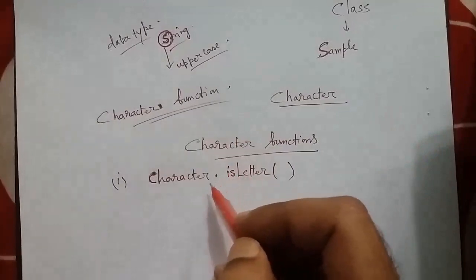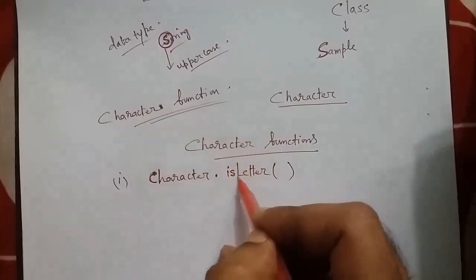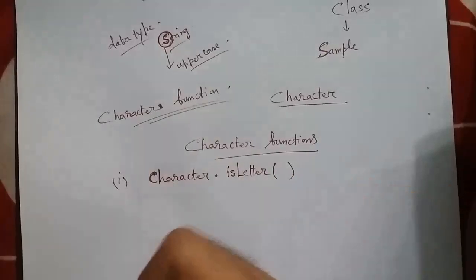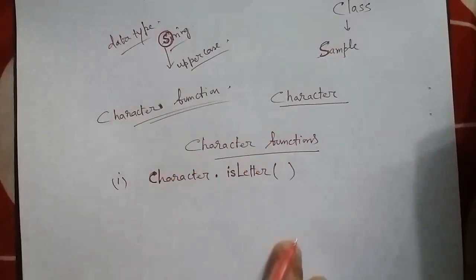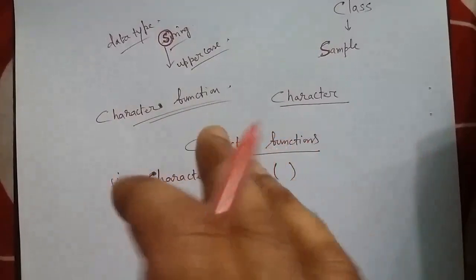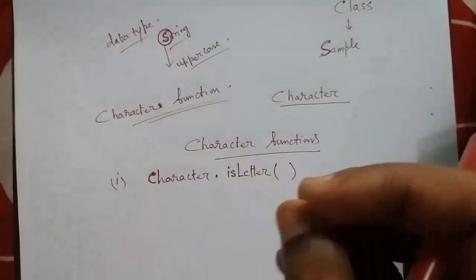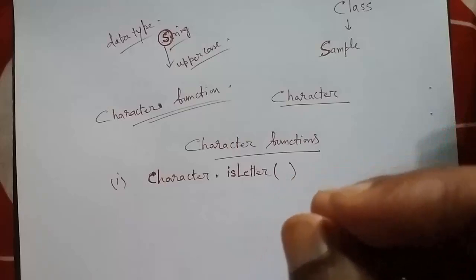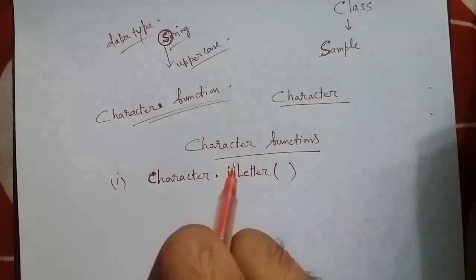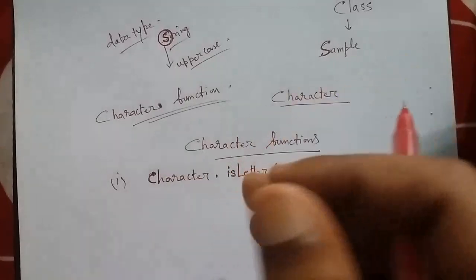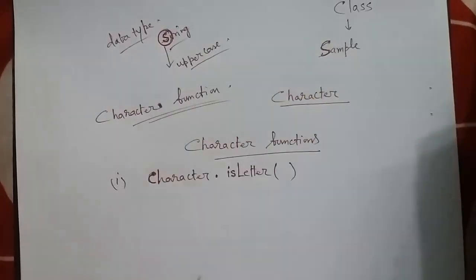I and S are small, and then L is a capital letter. So these are written in camel case. These are the formats you must remember. These character functions and string functions we shall require in designing programs related to string, which we will see in the later part of this chapter.